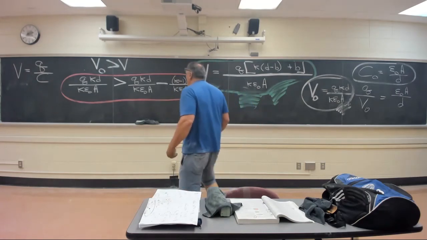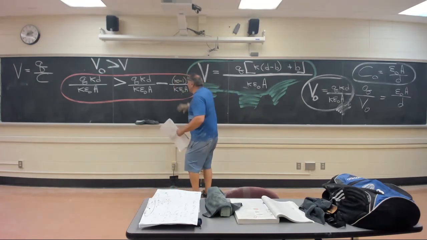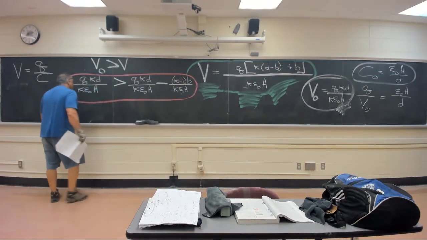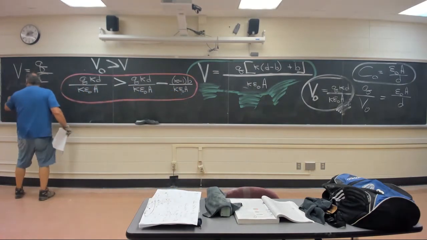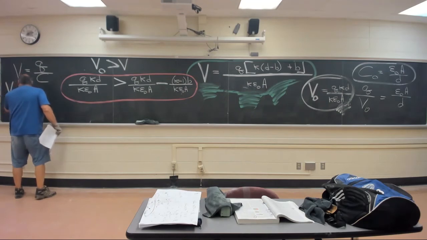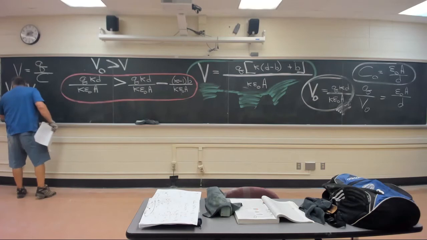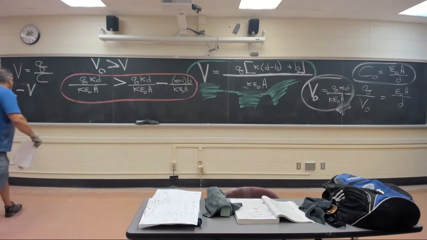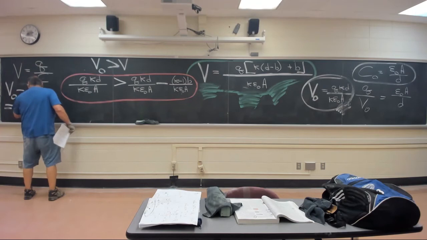Well, V0 is this much bigger than the other one. V0 minus V is going to be this positive number.